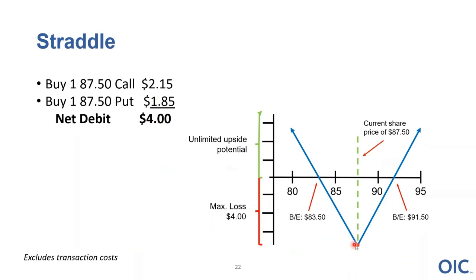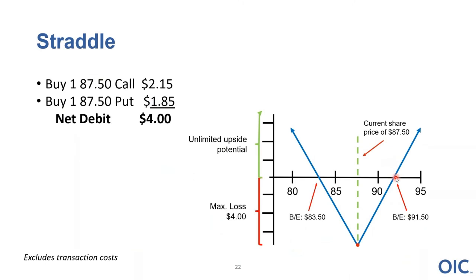Now, the reason why this is a pure volatility play is because it doesn't matter which direction the stock goes. The buyer of this straddle at expiration would need the stock to be at 91.50 for this call option at 87.5 to be worth $4.